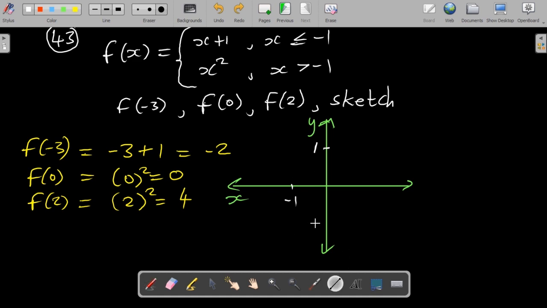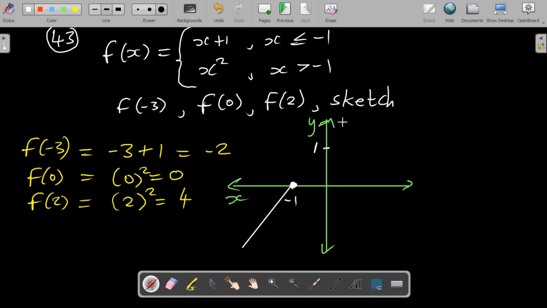So your function basically looks like this, and it would go in that direction, but it doesn't cross minus 1 because it doesn't exist after that point. So x plus 1 only exists to the left of minus 1 until this point. So you can shade that point because it's included.